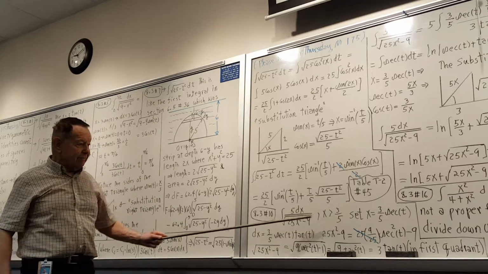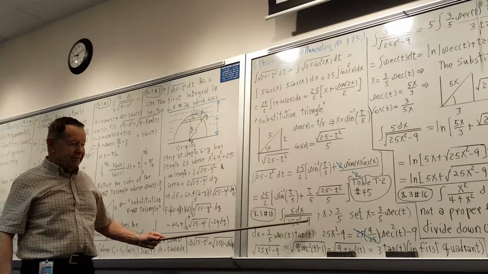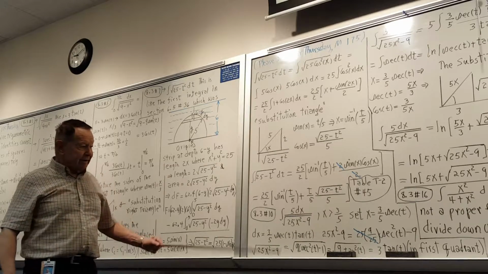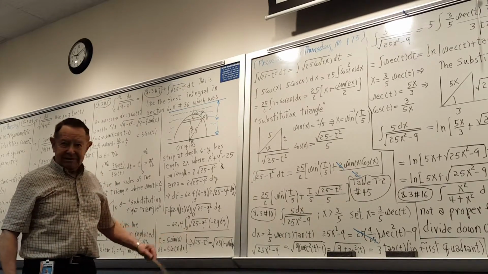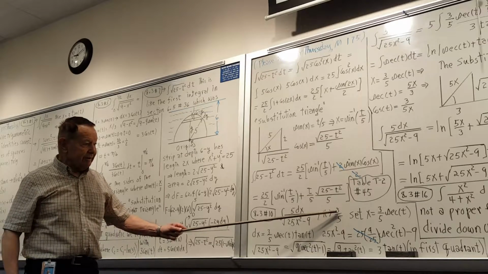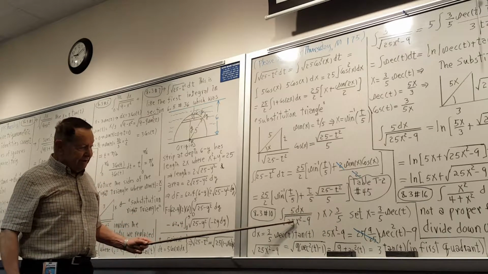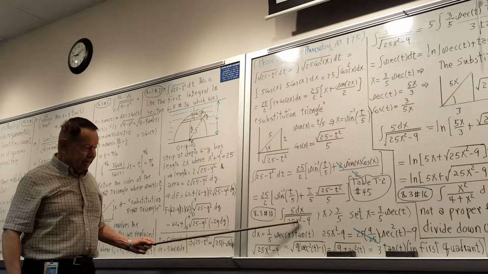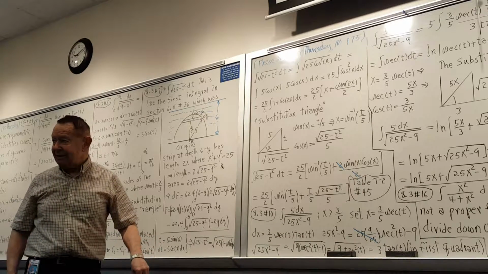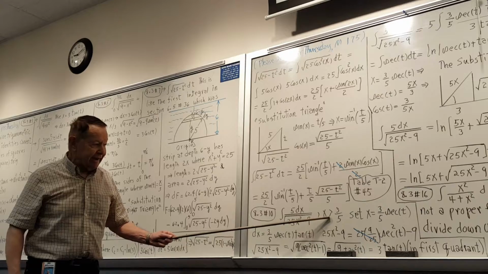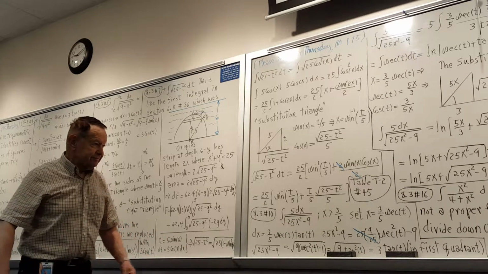See, if x were equal to 3/5, your denominator would be 0, and you're not allowed to divide by 0. And if x were less than 3/5, you'd have a square root of a negative, and you can't do that. So that's why that's in there.